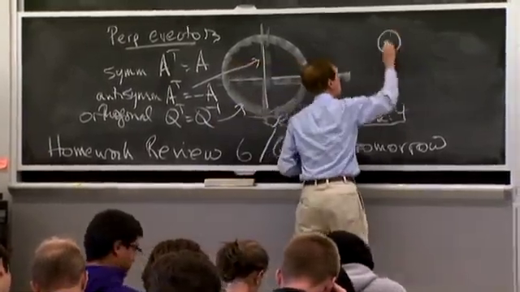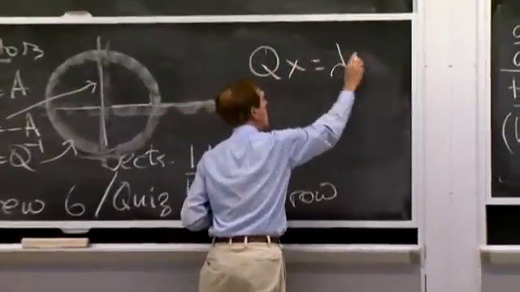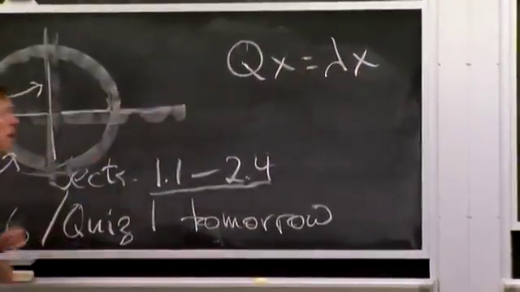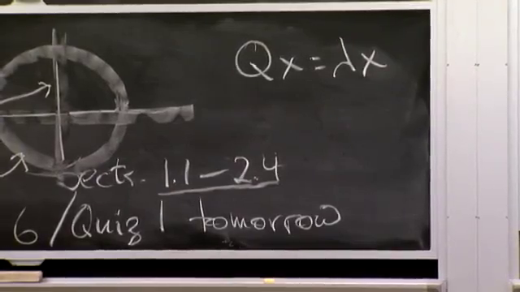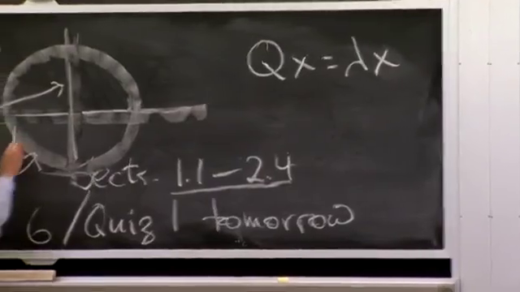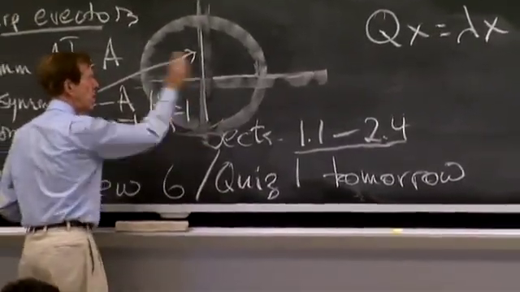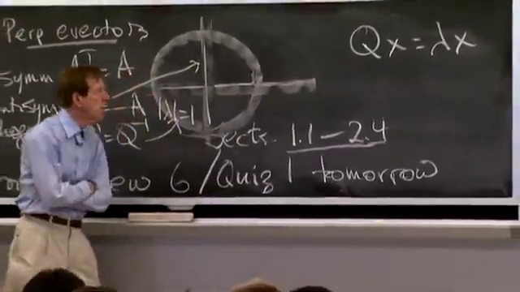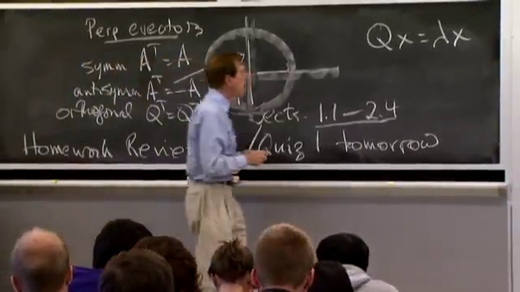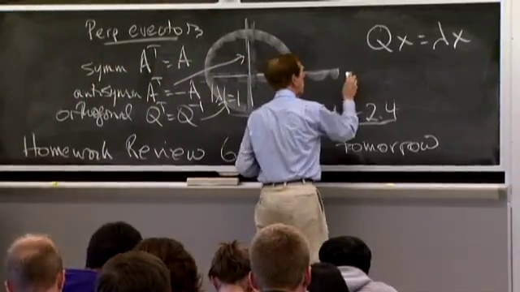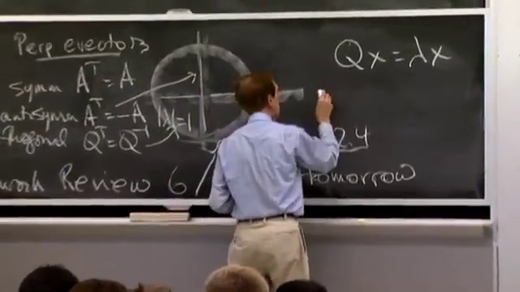So let me take Qx equal lambda x, and what is it that I want to prove? I want to prove that the eigenvalues have absolute value 1. That's the unit circle. So how do I show that the eigenvalues have absolute value 1? Let me take the dot product with Qx transpose.